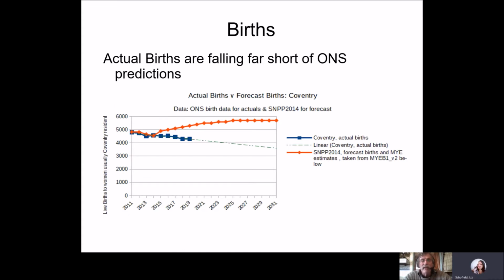And they have gone on predicting large numbers of births in Coventry. So at the present time in 2019, their forecast is about 1,000 too large per year. So you can see over 20 years, that's going to inflate a population forecast by about 20,000. So ONS is doing something different. I don't have time to get into it, but you can see there's something wrong here. Next slide, please.